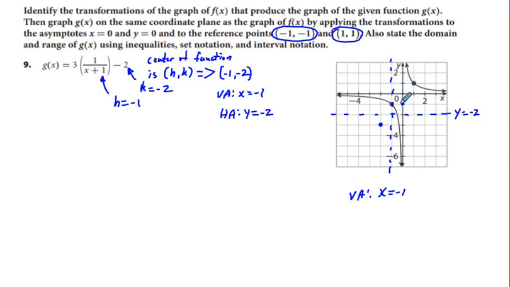So I've just relocated these reference points. I'm going to draw an arrow of what happens here. This one here became 0 comma -1, and this one over here is going to be -2 comma -3.